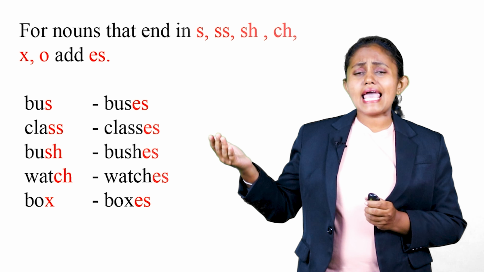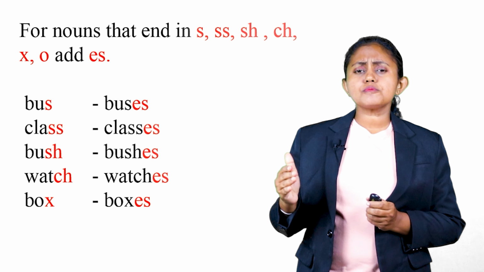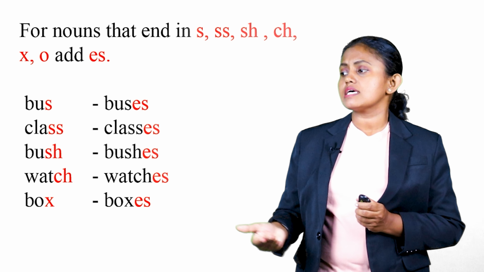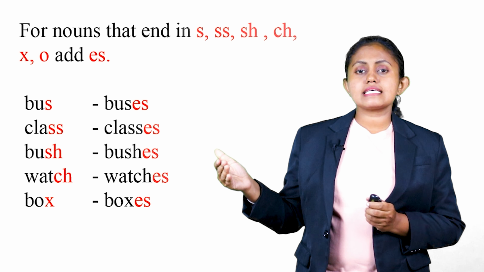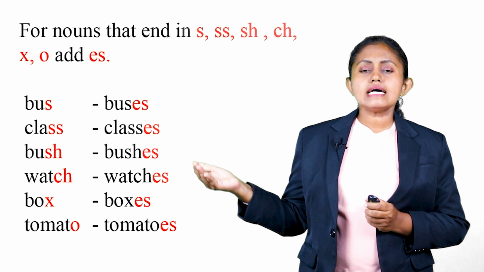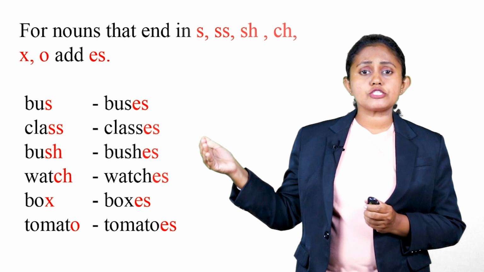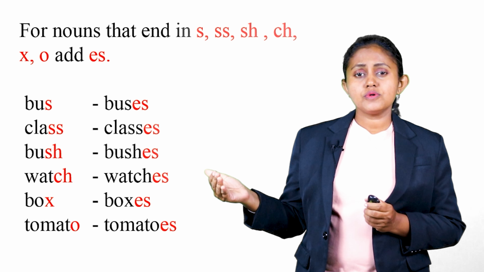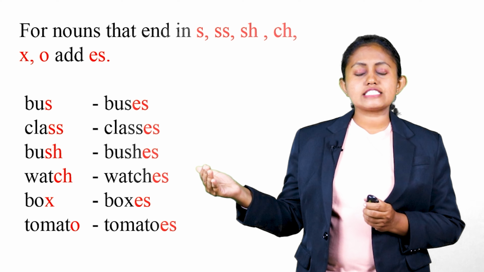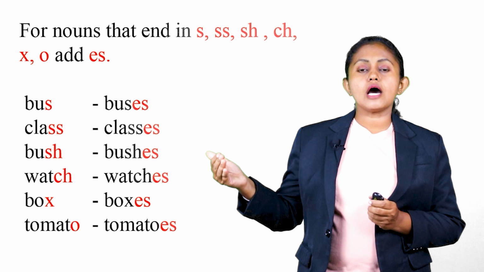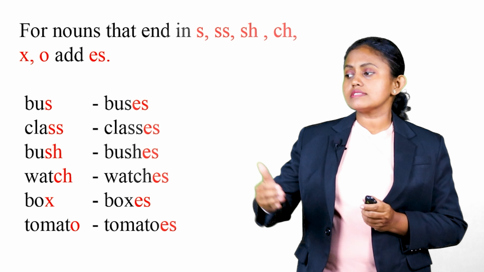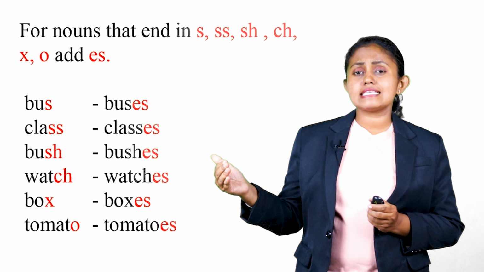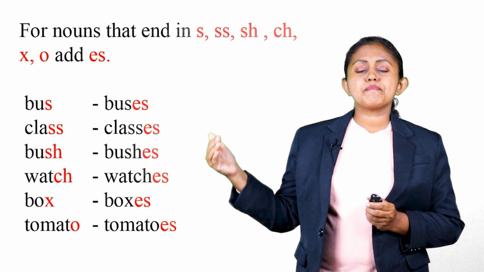That noun ends in x and if you want to make the plural noun of that noun, you can add es because box ends in x. The last example is tomato. The noun tomato ends in letter o. So, you can add es to make the plural noun of that. So, the singular one is tomato and after adding es, we can create the plural noun.